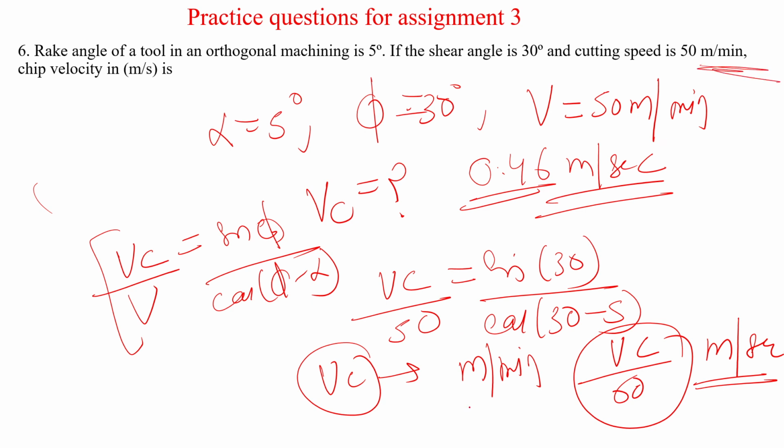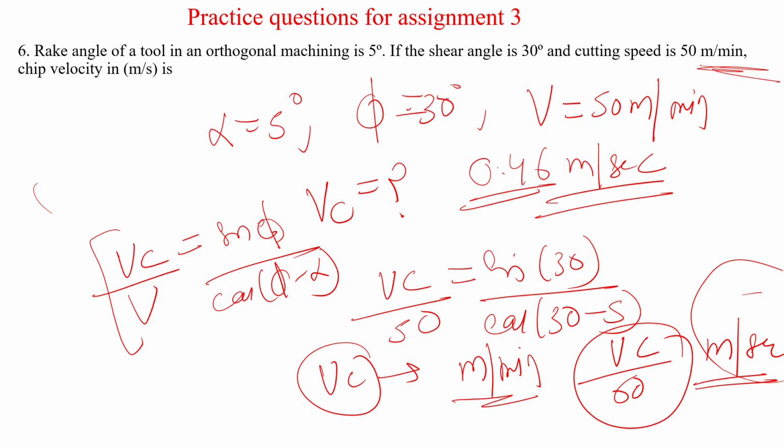You want the answer in meter per second, so what will you do? 1 minute is equal to 60 seconds. Divide by 60, you will get meter per second. So 0.46 meter per second. Right? Can I go to the next question?